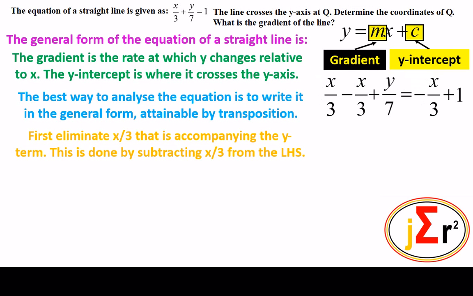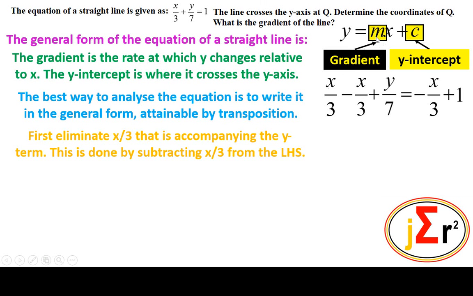Now it should be noteworthy that what we have on the right hand side, instead of having 1 then subtract x over 3, what we have done is that we place the negative x over 3 as the first term on that right hand side. And the great reason for doing that, we are just being true to form.